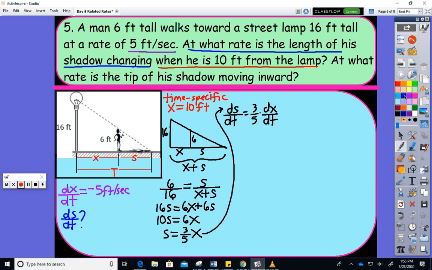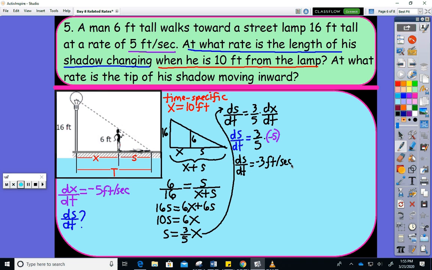So ds/dt is what I wanted. 3/5 is just in the problem, so I'm not going to color code. dx/dt I had, so I'm going to plug in -5. That gives me that ds/dt is -3. The length of the shadow would also be measured in feet, so the rate is feet per second.